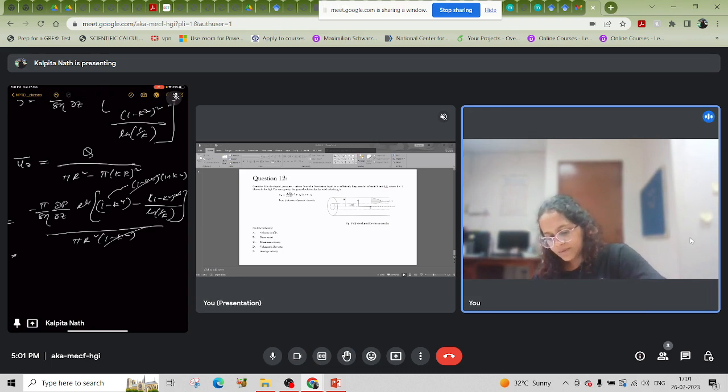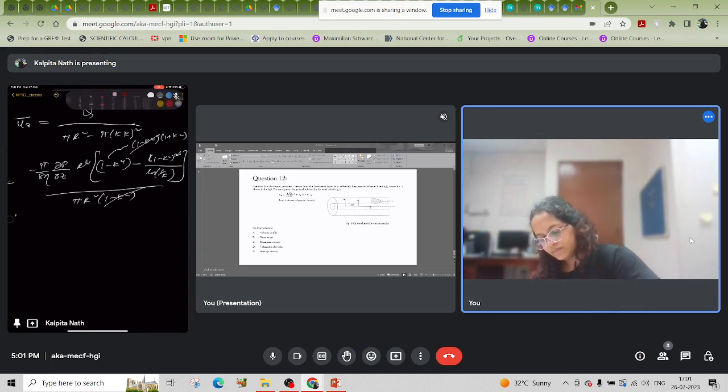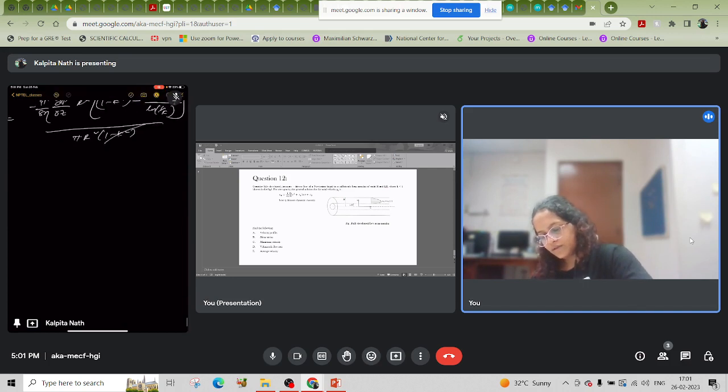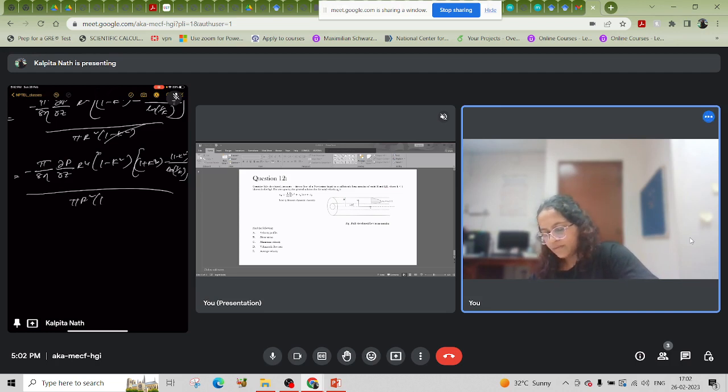So this becomes pi by 8 eta del p del z R to the power 4, 1 minus kappa square, 1 plus kappa square minus 1 minus kappa square by ln 1 by kappa, upon pi R square 1 minus kappa square.